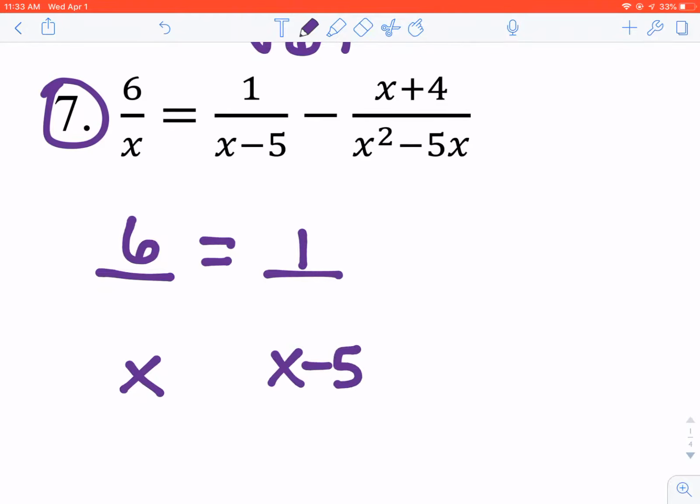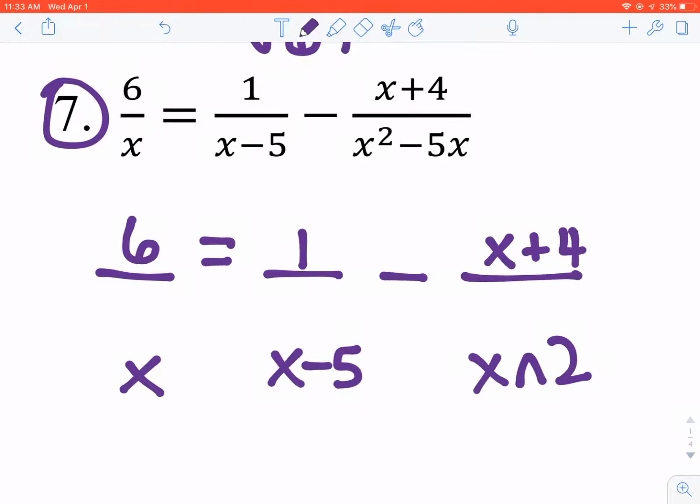Because when I hit the return sign, it gave a giant space between the two things. So this all, and I use the underline feature for this, x plus 4 up there on top. But this x, and this might even be a caret 2 minus 5x. Sometimes, depending on how I typed it, I couldn't get an exponent unless I just did the caret. So if you see a caret, the caret being this thing right there, it looks like a teepee, that's what it is. It's a square thing or a cube thing or whatever.